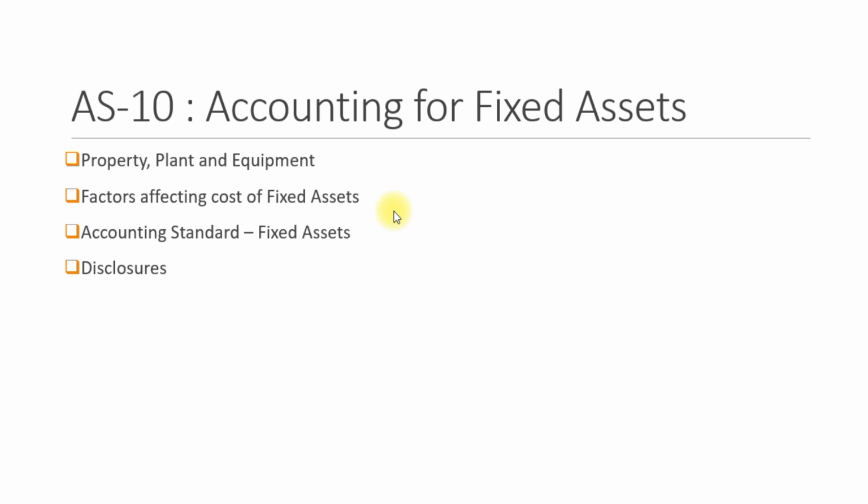Now let us move on to the accounting standards in the case of fixed assets. The standard is recommendatory in character and should be applied in accounting for property, plant and equipment when another accounting standard requires or permits a different accounting treatment.